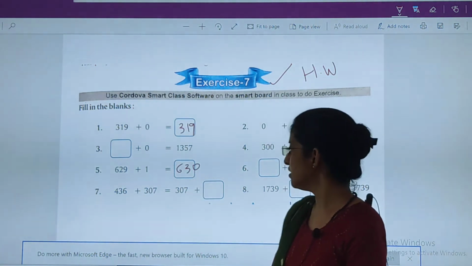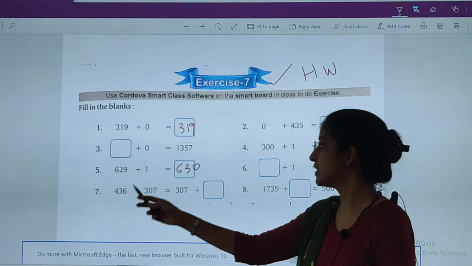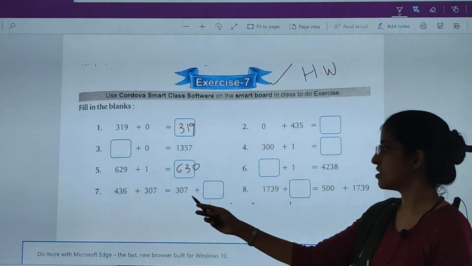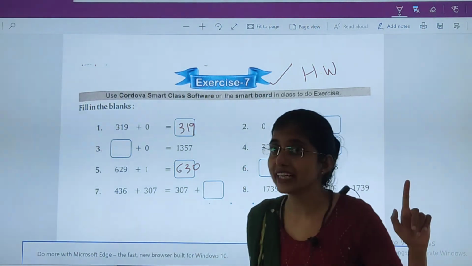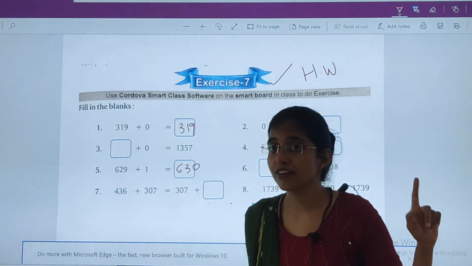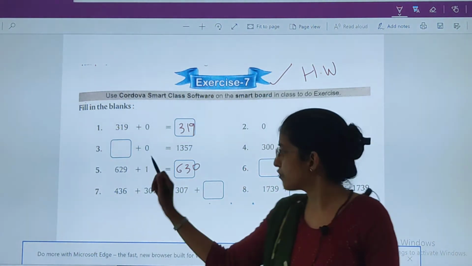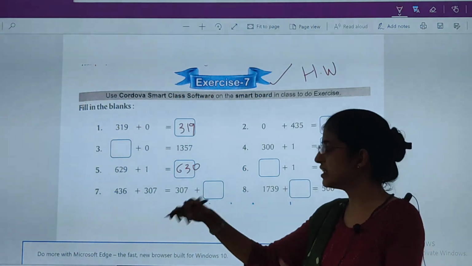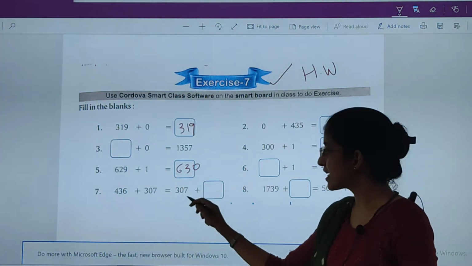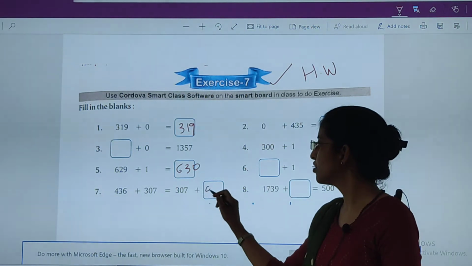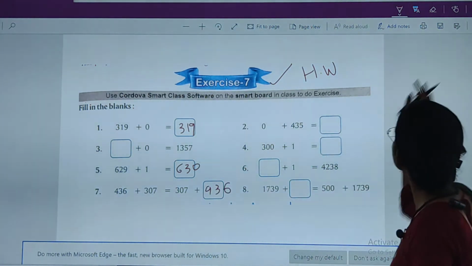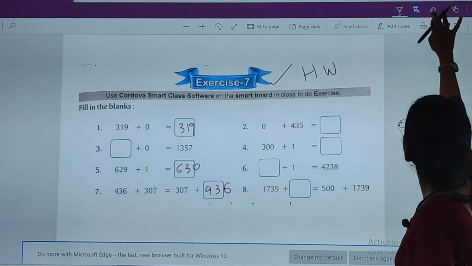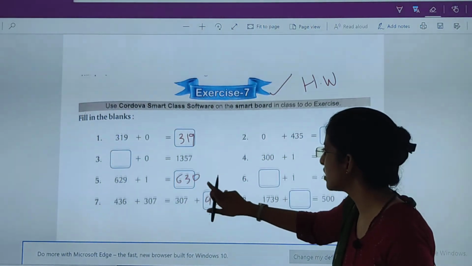Okay. Then very simple, 436 plus 307 is equal to 307 plus, last property we had studied. If we add 436 plus 307 is same as adding 307 plus 436. Okay. This is 4, it is not 9, okay?